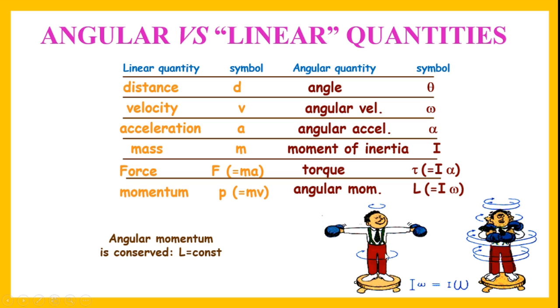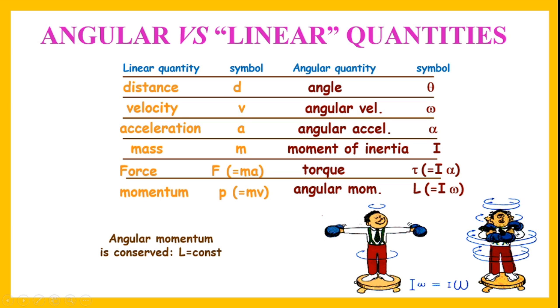We can show it with an example. See here, one man is standing on a moving table, and he has spread his arms in this way. Because I, the moment of inertia, is more, omega, the angular velocity, is less. Hence he moves with a smaller angular velocity.